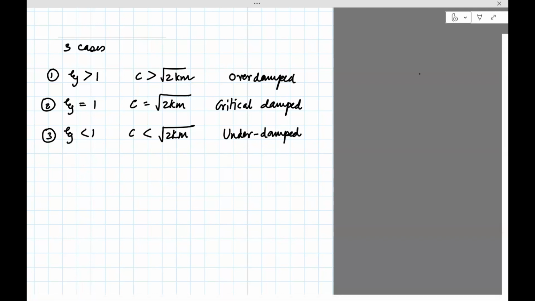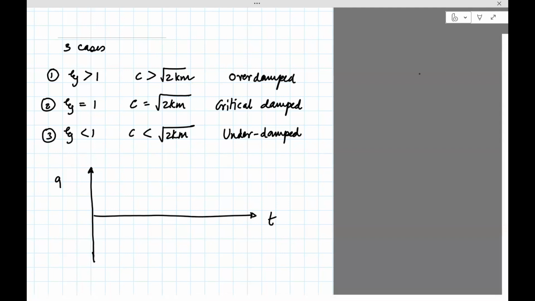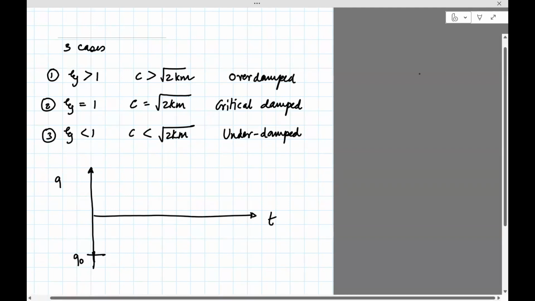Okay, so what does this really mean? Well, what you need to do is do a physical experiment. So let's say that this is Q as a function of T. You take the mass, you displace it, either positive side or negative side, doesn't matter. Let's say we displace it on the negative side and let it go.